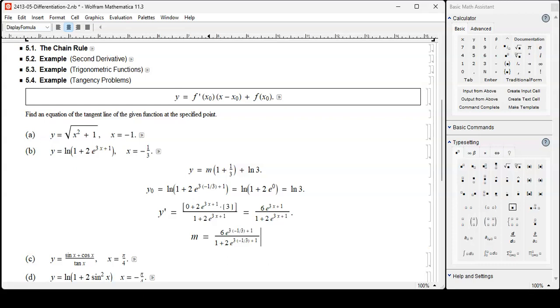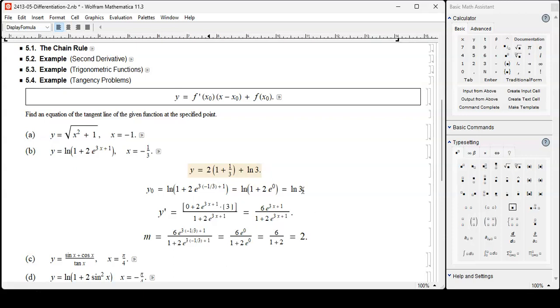Same goes for the numerator. So 6 times e to the 0 power divided by 1 plus 2 e to the 0 power. E to the 0 power, of course, is 1, so you're going to get 6 over 1 plus 2. 6 over 3, that's going to be 2. So the slope is 2. That's what I'm getting through this computation.